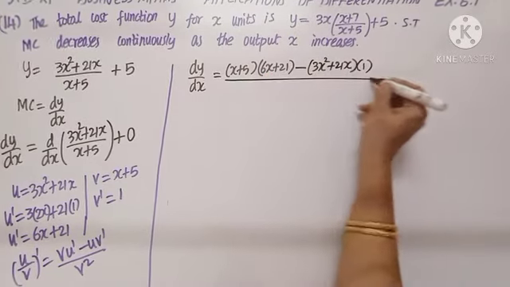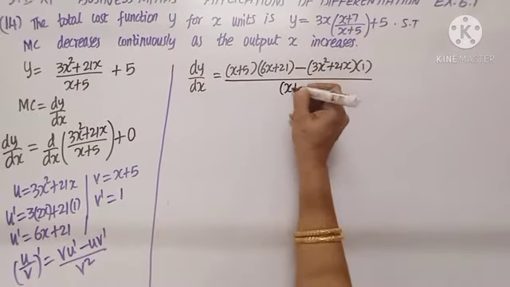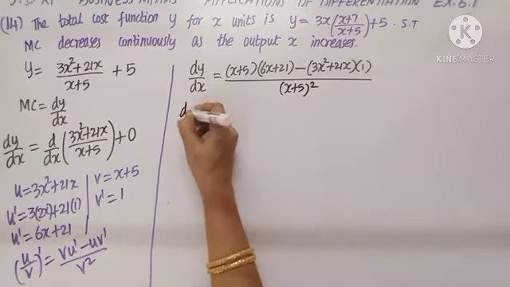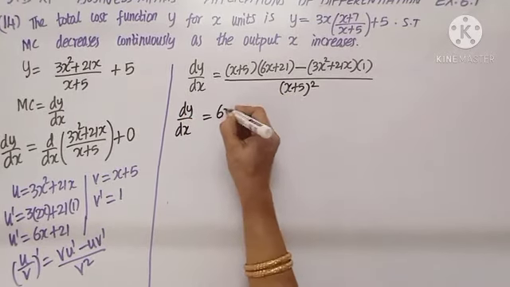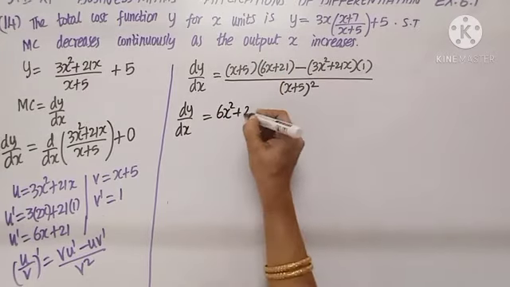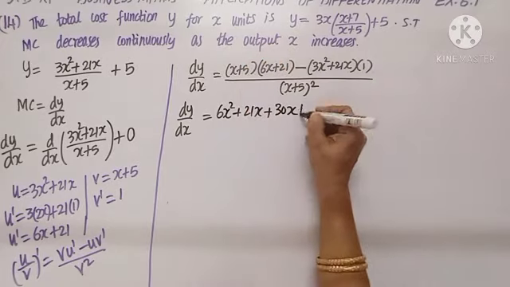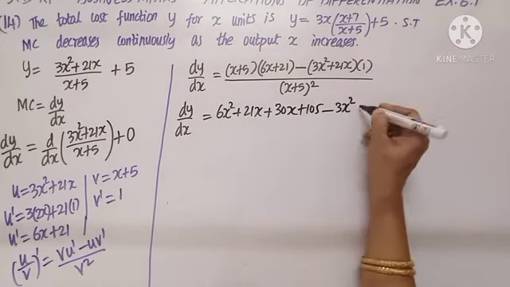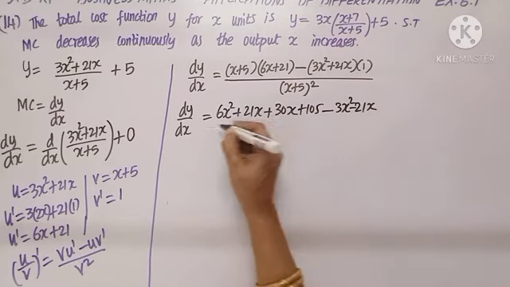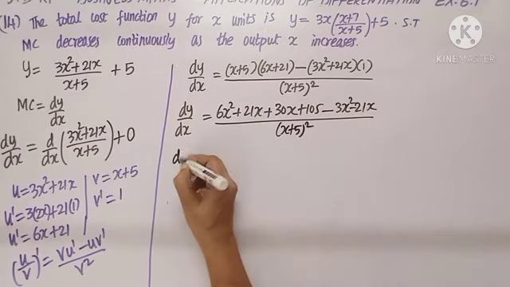The whole thing divided by v square. What is v? X plus 5, the whole square. Simplifying the numerator: x into 6x, x into 21, 5 into 6x, 5 into 21, minus 3x square minus 21x. Denominator x plus 5 the whole square.